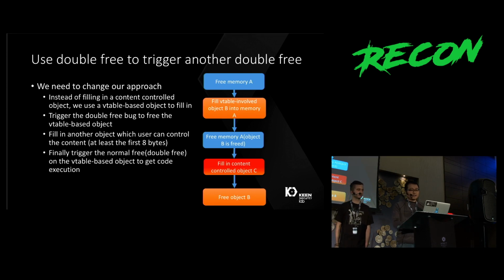Then we fill in a content-controlled object, which I name object C. And then we free object B, because that object we inserted is vtable-involved. We can, of course, free it once, but because of that bug, we free it twice. And in the second free, its vtable has already been changed to our user-controlled buffer, so that we get code execution.